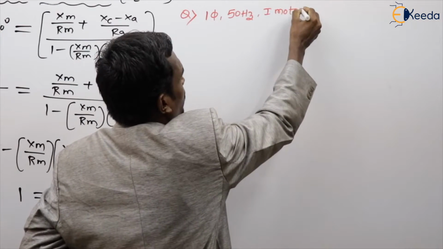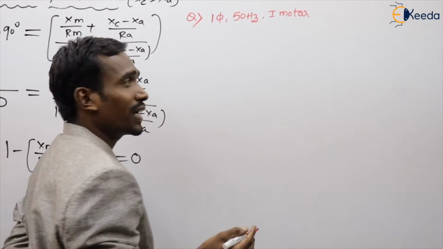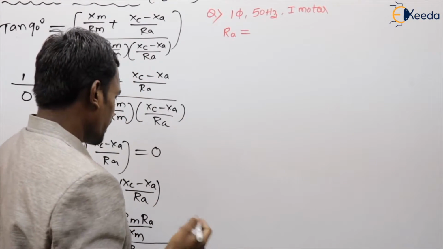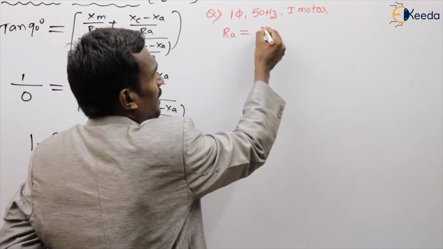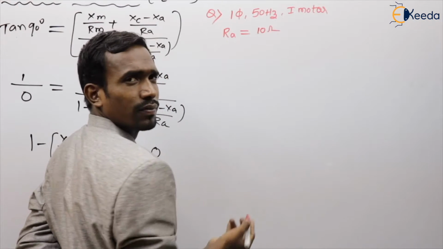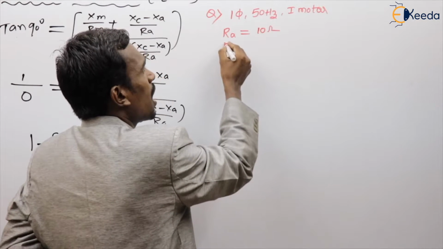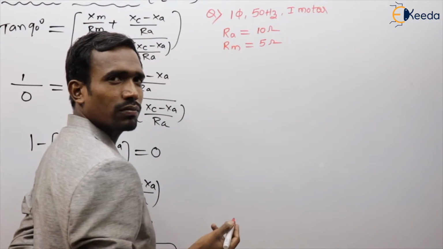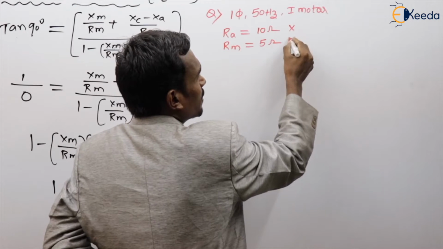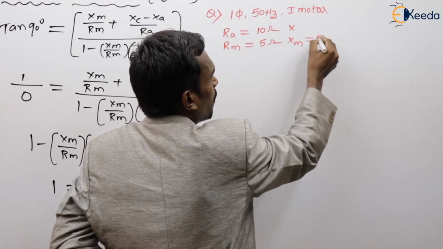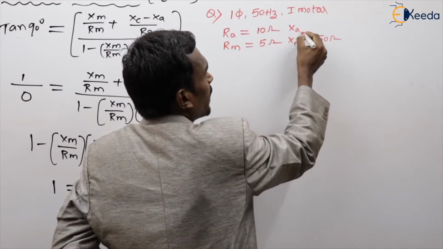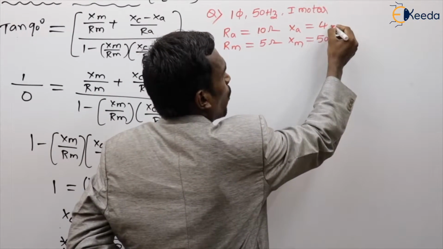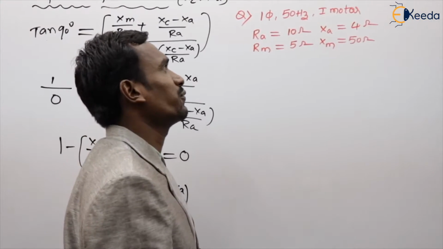The auxiliary winding resistance 10 ohms, and main winding resistance 5 ohms, and main winding reactance 50 ohms, and auxiliary winding reactance 4 ohms.